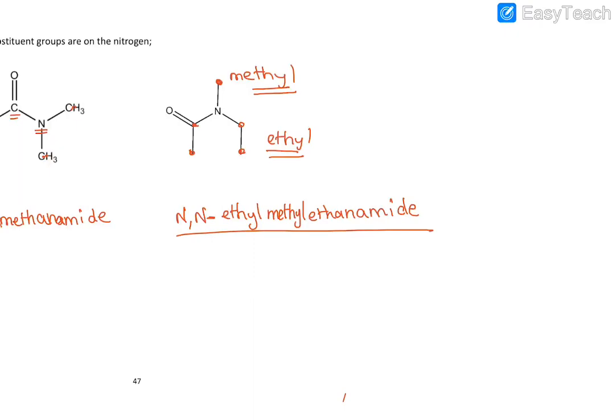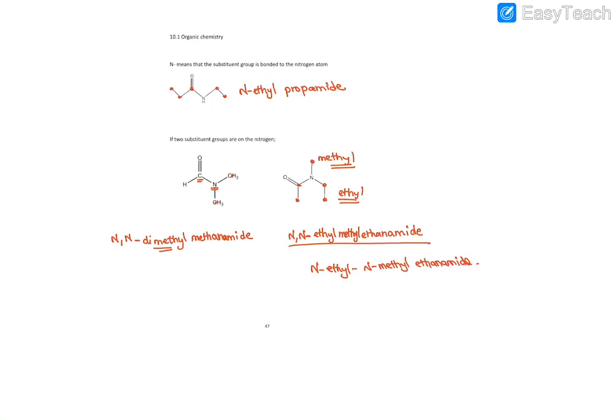That's one way of naming, or you could say N-ethyl, N-methyl ethanamide. So that's another way of naming. But again, you're not supposed to know the details of the naming of amides.